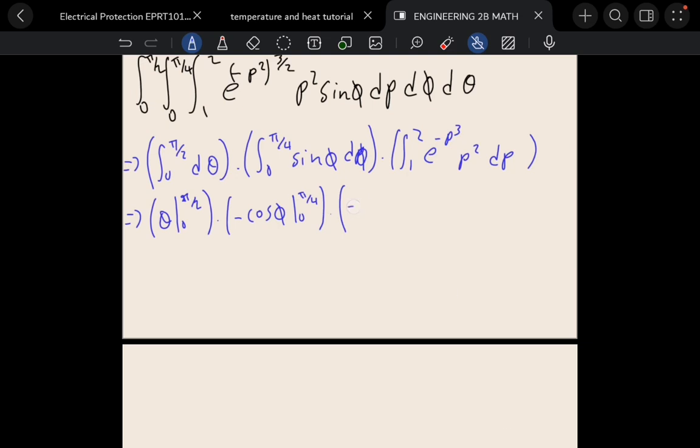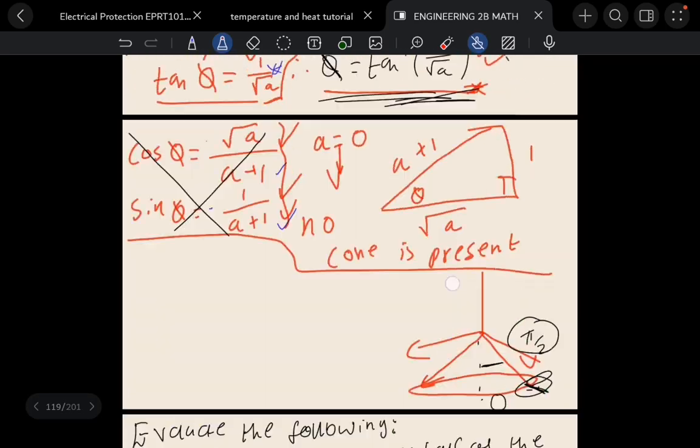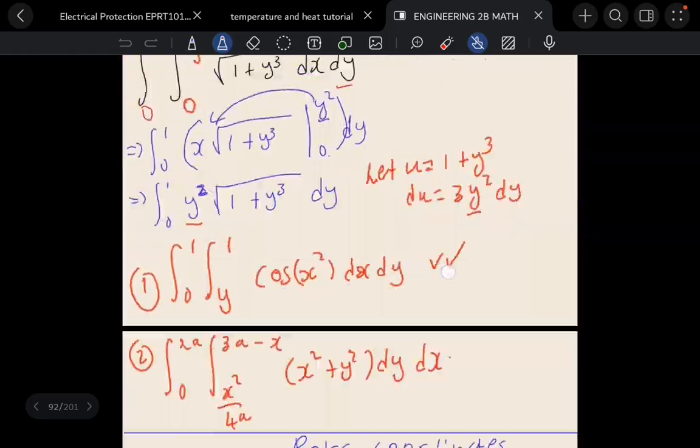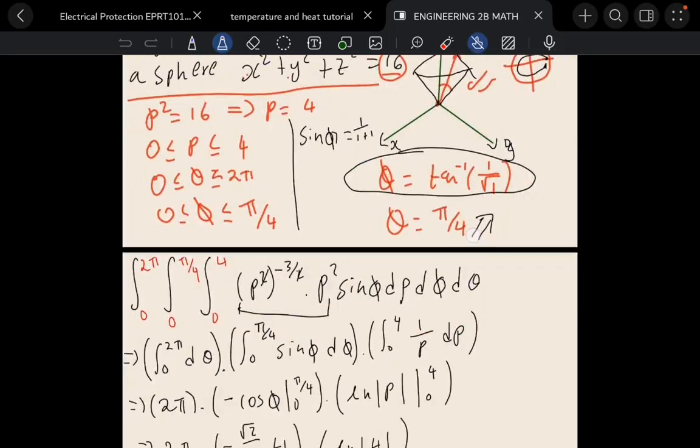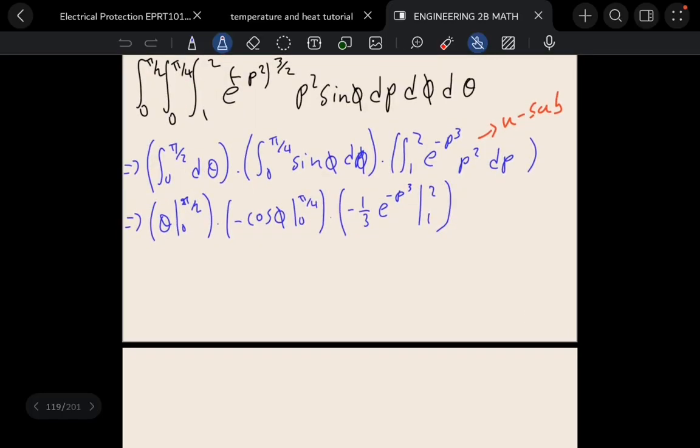This one is going to be negative 1 over 3 e to the power negative rho cubed between 1 and 2, like that. Now how did I get this one done? We just use the u sub, guys. I've done the u sub most recently on these integrals. So we can just do the u sub here and verify my answer there.